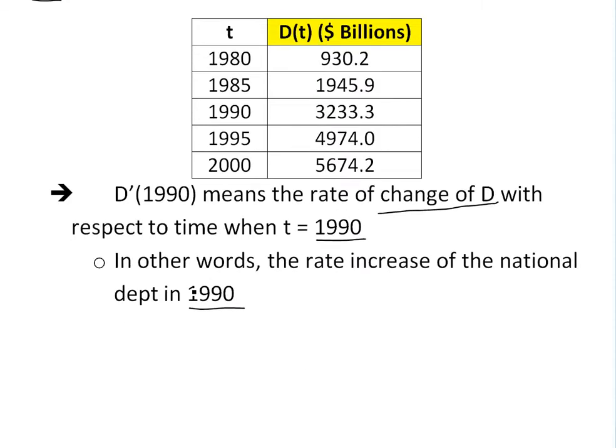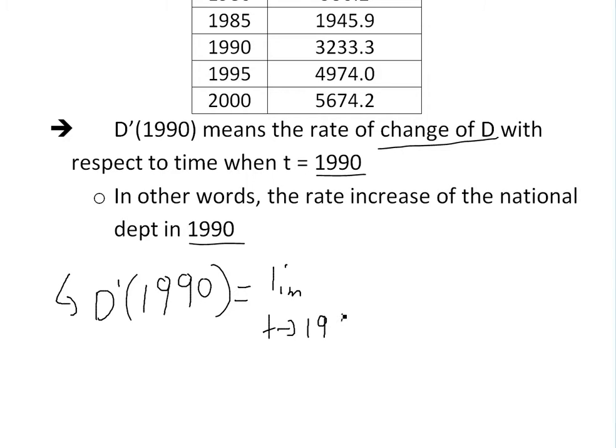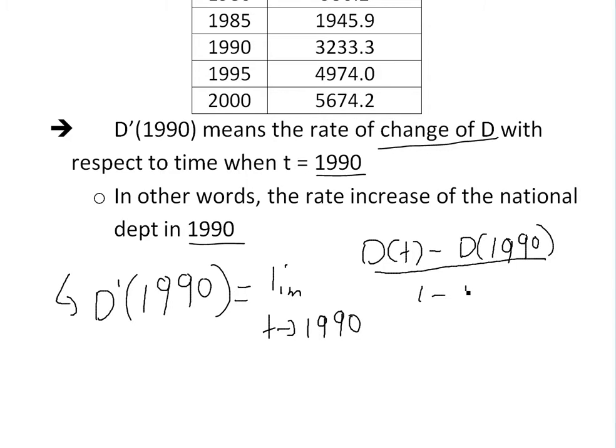When we interpret the derivative as a rate of change, you could write this using the definition of the derivative: the limit as t approaches 1990 of D of t minus D of 1990, all divided by t minus 1990.